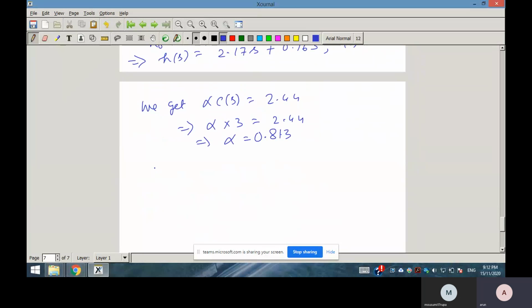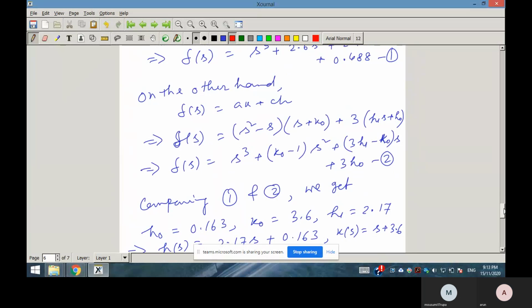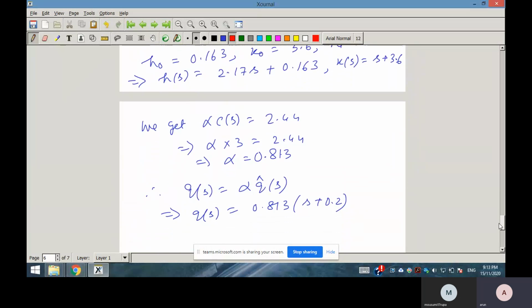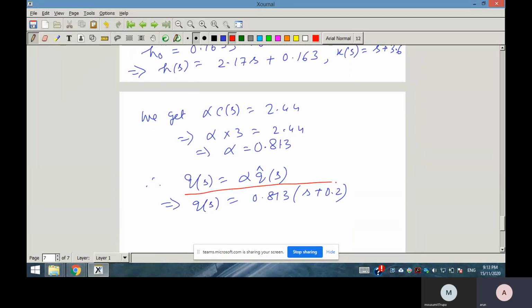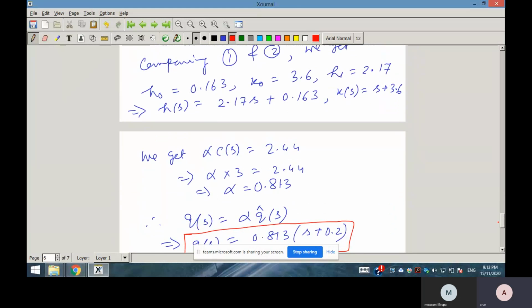So QS equal to alpha into Q hat S, which will be 0.813 into S plus 0.2. So this is for one choice of Q hat S. This is your QS, this is your HS and this is your KS.